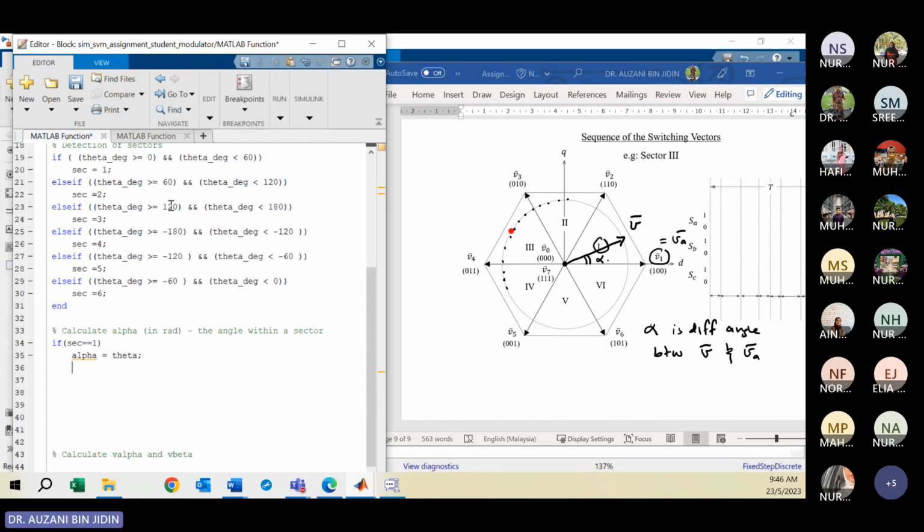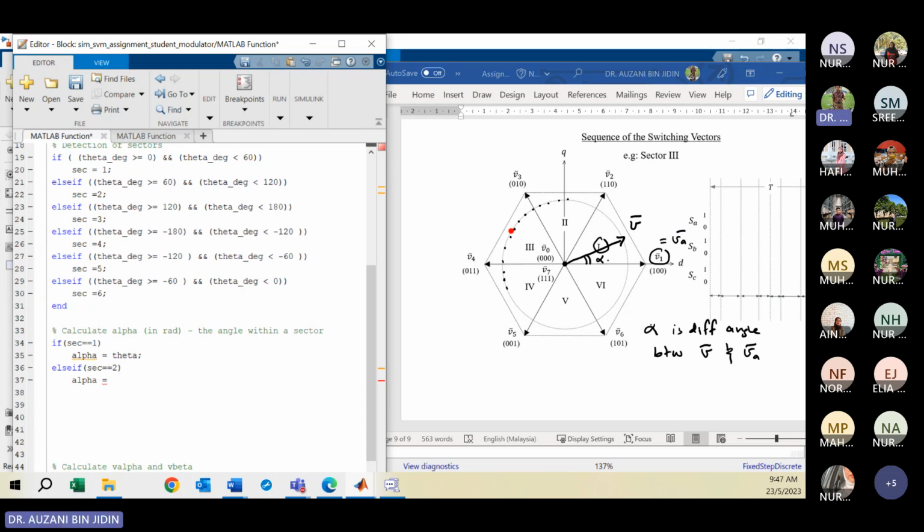Don't forget, else if, same as before: else if sector double equal 2. So what is the alpha?